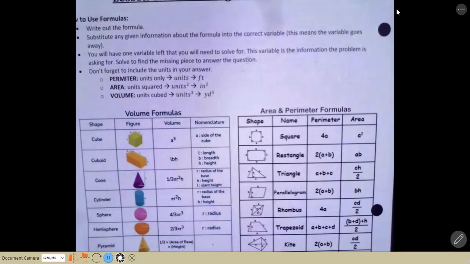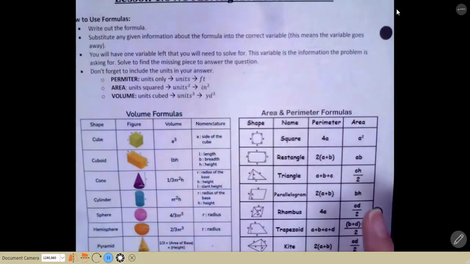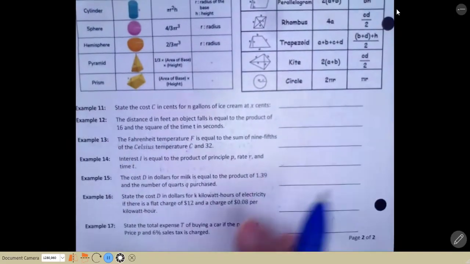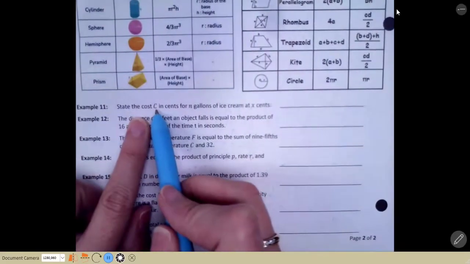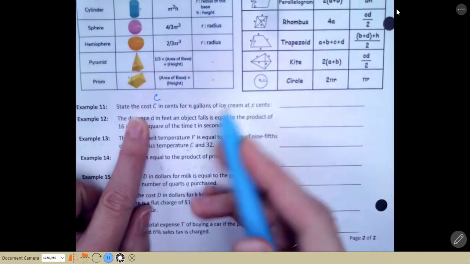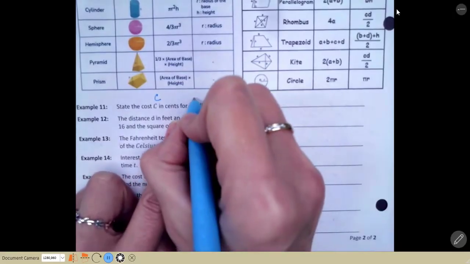Sometimes it won't. So you write out the formula, then you substitute any information given in the problem for that formula. You will have one variable left that you will need to solve for. So let's see if these don't look like ones you have to solve for. So we're just going to write out the formula for these, okay? So again, we can annotate here. So this says state the cost C, they give you the variable to use, in cents for n gallons. So n is going to represent gallons.